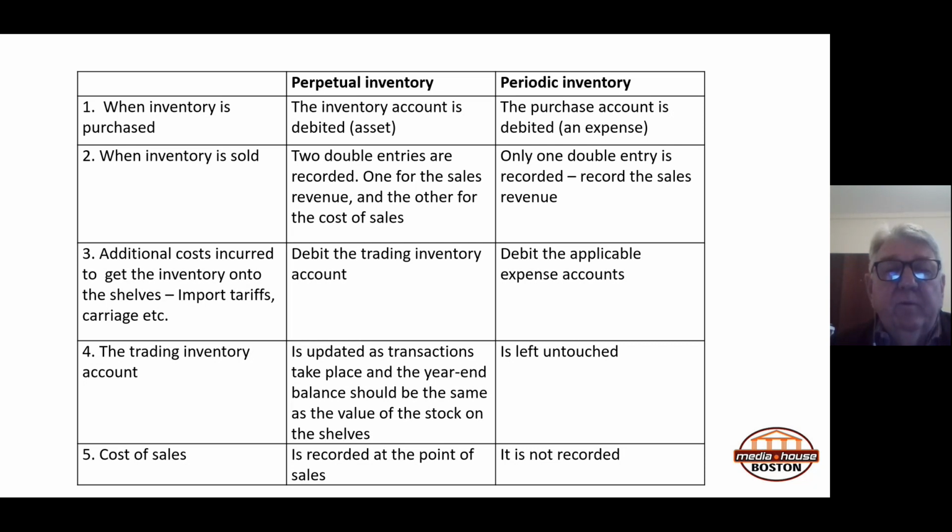Then we have what is called the periodic inventory system. This is now used where you don't know the exact price of inventory that you've purchased. Okay, if you think about it, if you go to Pick n Pay and they have these loose tomatoes on the shelf. Now they go to the market every day and they get their fresh produce from the market.